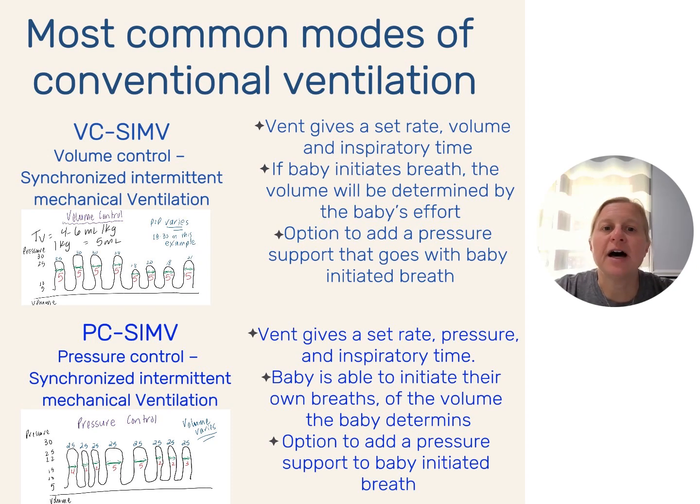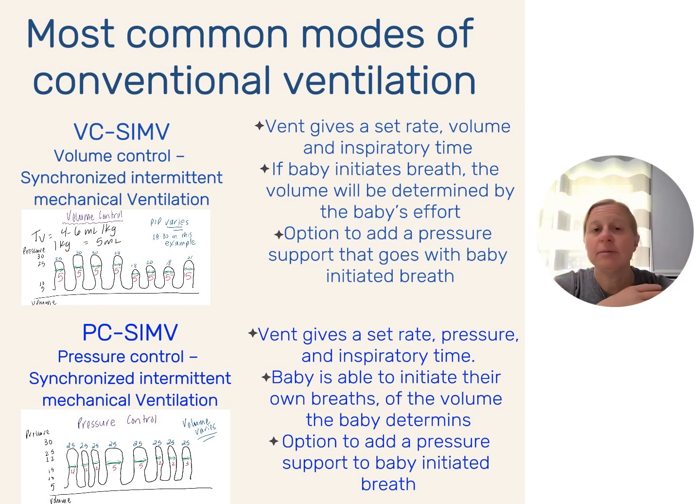When we think of volume control, the vent is going to give a set rate, a set volume, and an inspiratory time. That says, every time the vent initiates this breath, it's going to be this size, with this much volume going in, usually 4 to 6 milliliters per kilogram, and it's going to be the set inspiratory time.